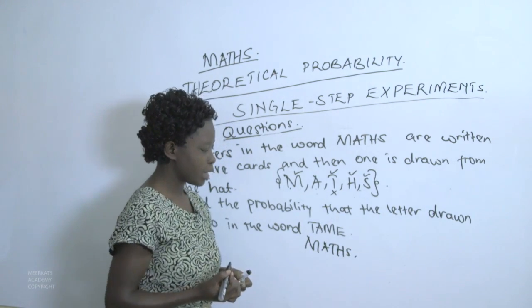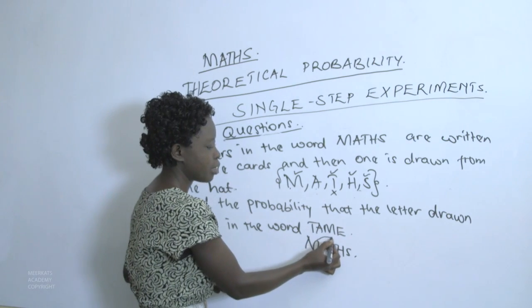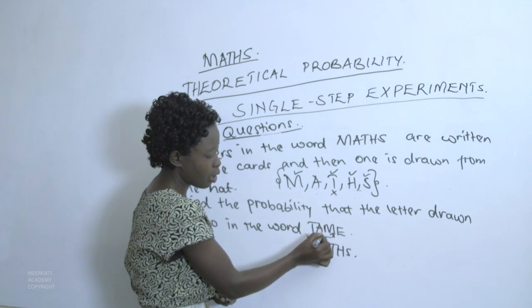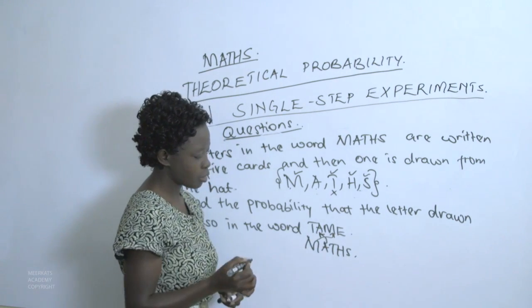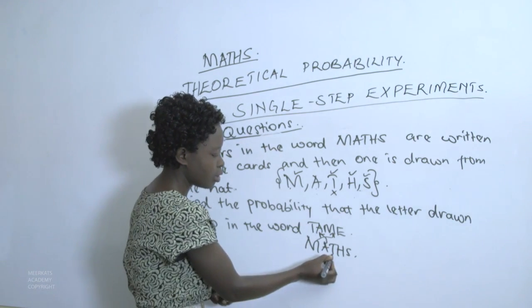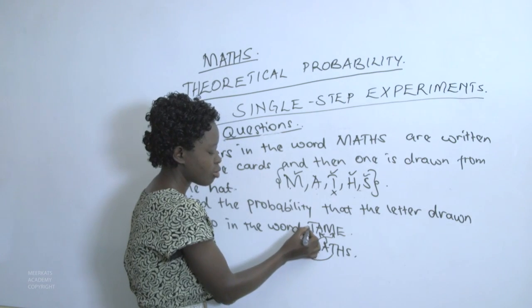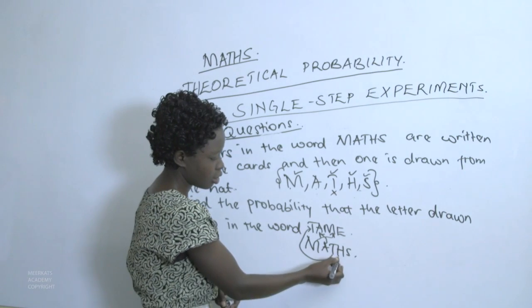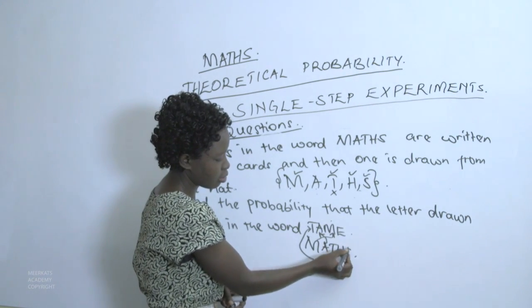So if this is my letter, then M is here and it is also there. A is found in the word maths, and it is also found in the word term. Then T is also found in term and maths. H is not here. S is not here.